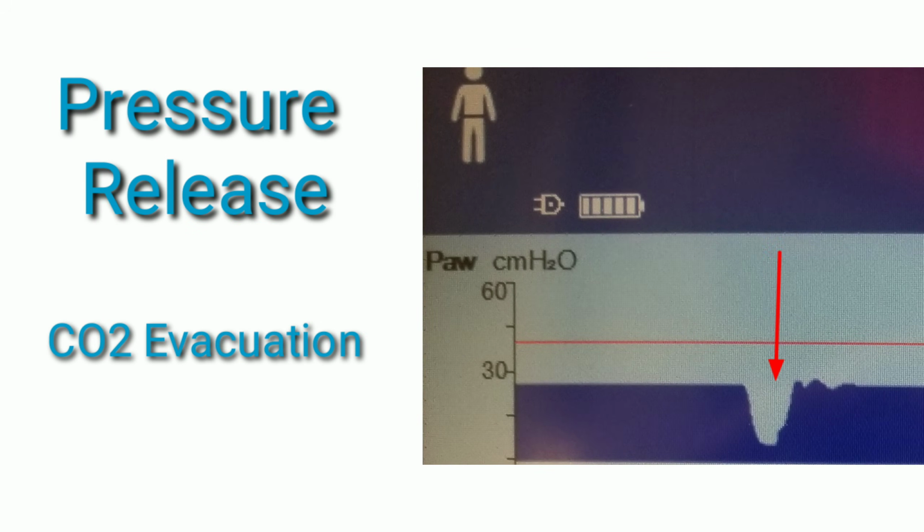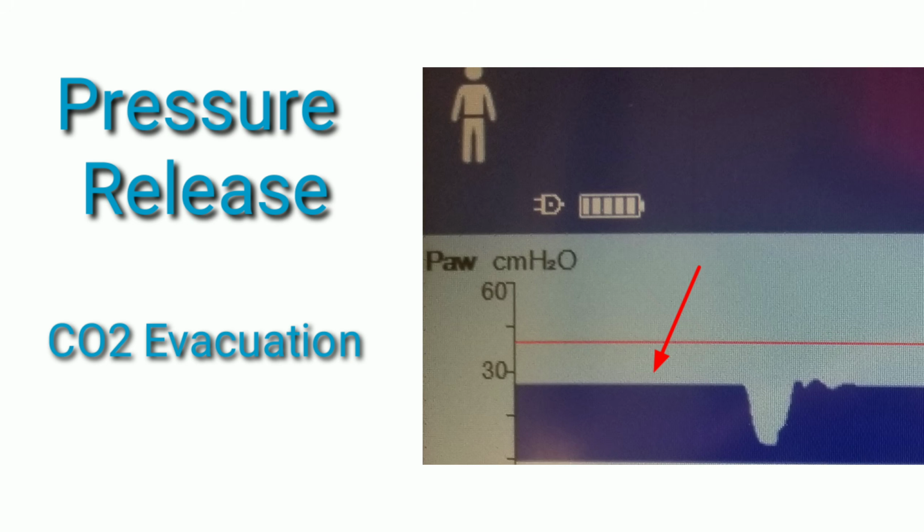So during the pressure release phase, like I had mentioned, that's where the CO2 will be evacuated. During the P high phase, the lung is supposed to be splinted open.